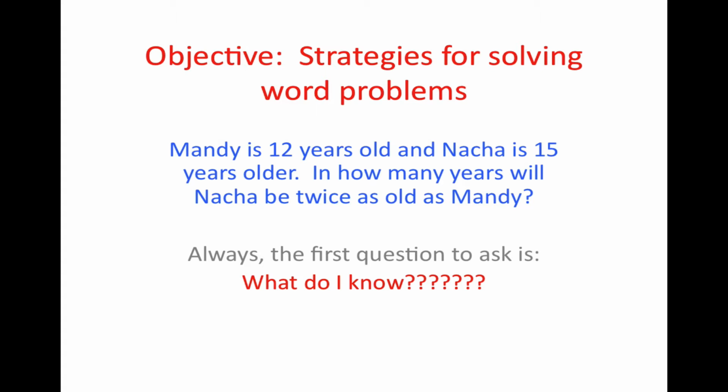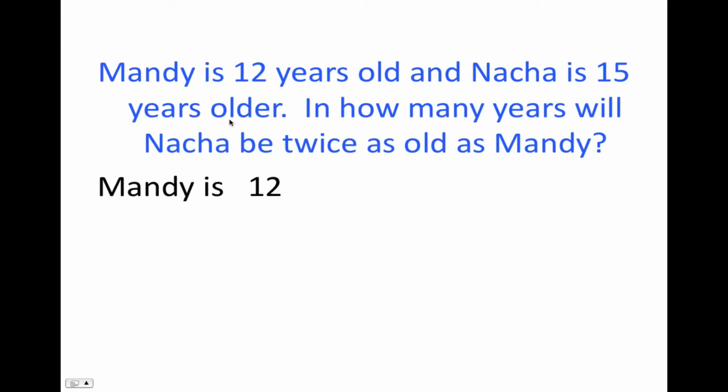Okay, always, the first question we want to ask is, what do I know? Well, let's see. We know that Mandy is 12 because it tells us right here in the first line. Mandy is 12 years old. It also tells us that Natcha is 15 years older.